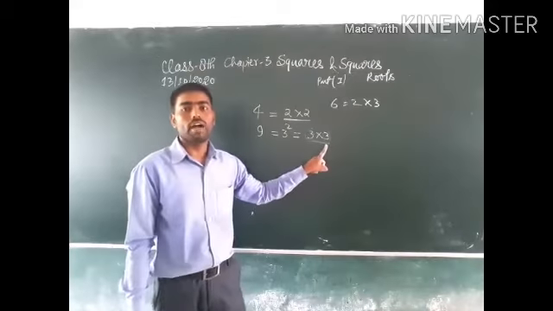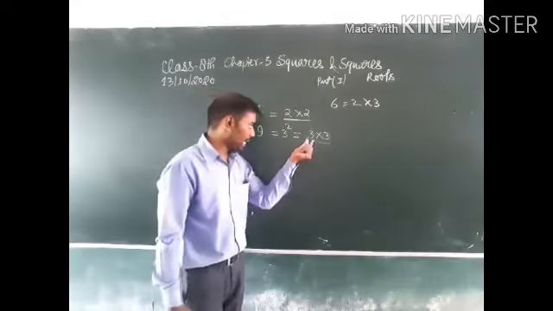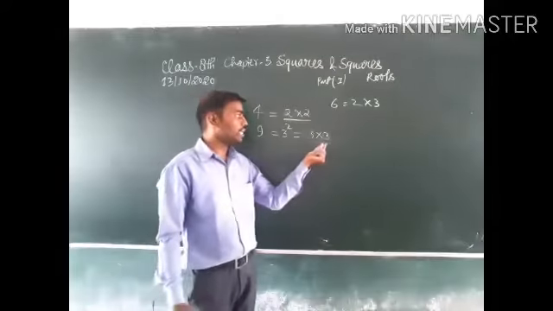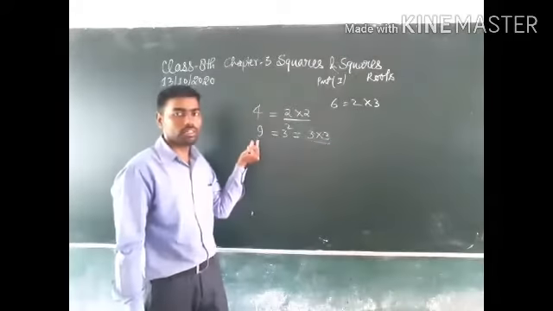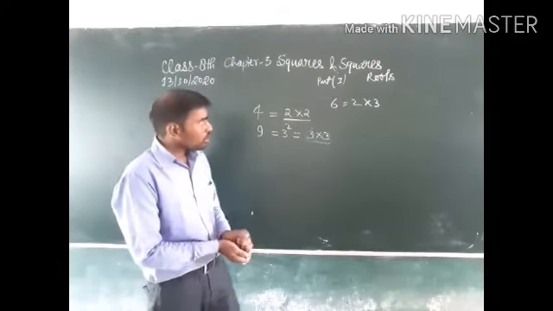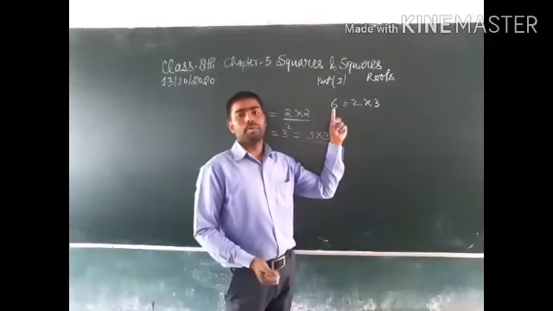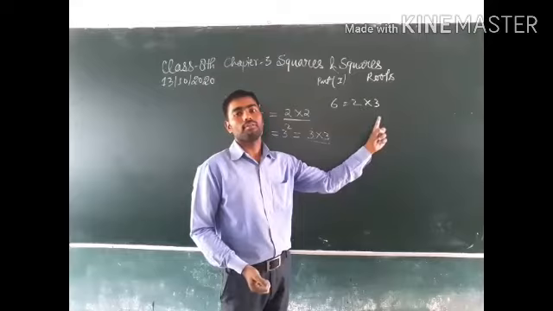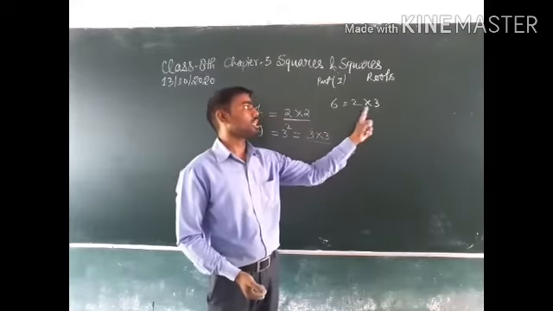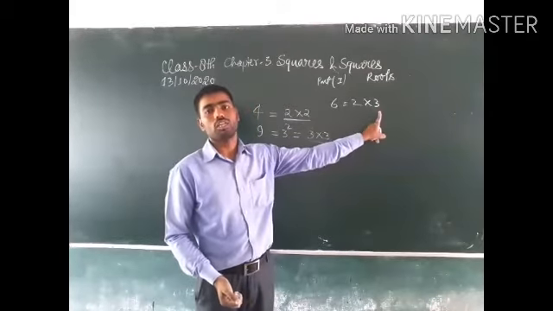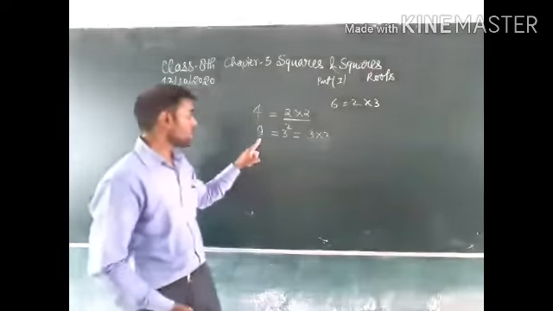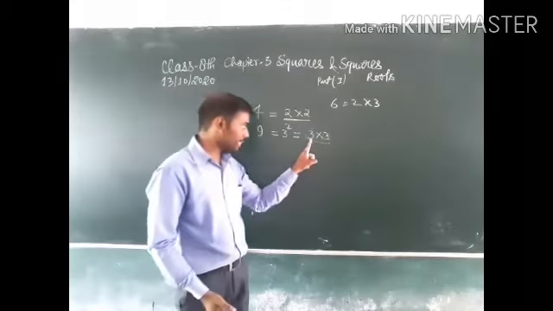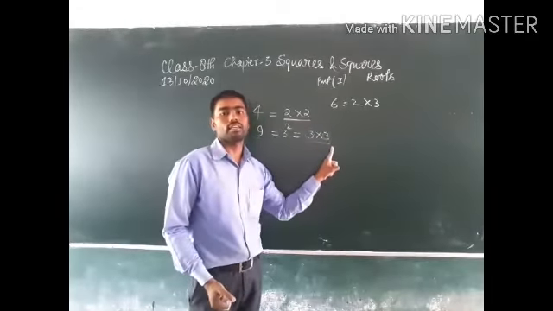You can see easily this 3 is a factor of 9 and this 3 is also a factor of 9. 6 is not the square of any number because 2 and 3 are not equal factors. Here 9 is a perfect square because 3 and 3 are equal factors.